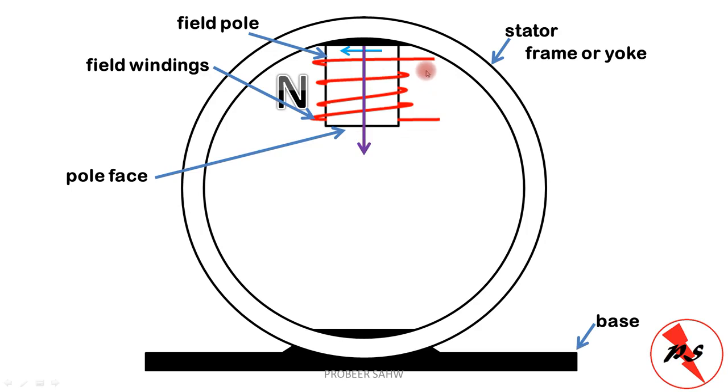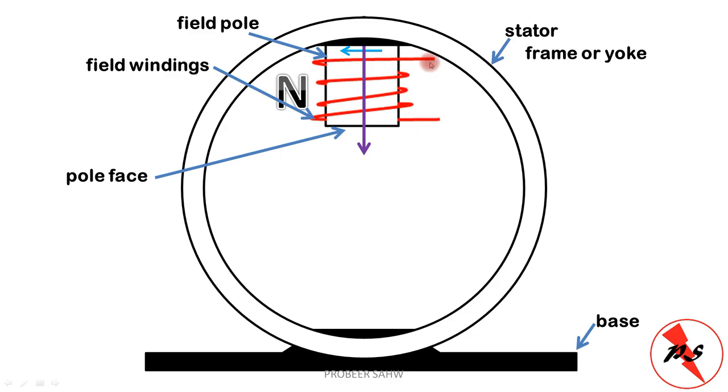So we can see that either we can have permanent magnets, north pole and south pole, or we can have electromagnets. To produce electromagnets on these field poles, or pole cores, as we can also call this protruding part, on these pole cores we wrap electrical wires, which we now call field windings, and we pass DC current in these field windings.